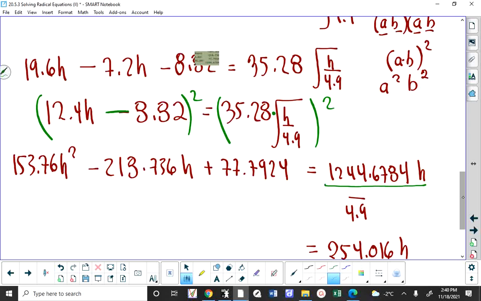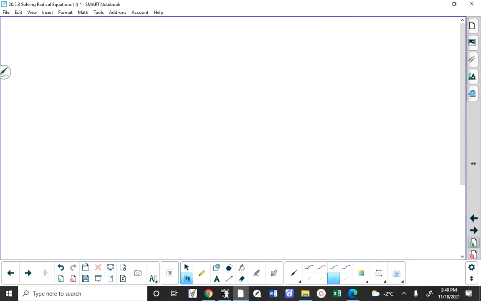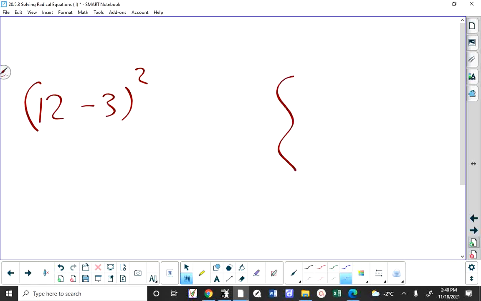So to demonstrate that what I did is correct, if I had 12 minus 3 squared, as opposed to 12 times 3 squared, we can certainly figure out what this is equal to without algebra. 12 minus 3 is 9. 9 squared is 81. We know that whatever we do, this has to give us 81.